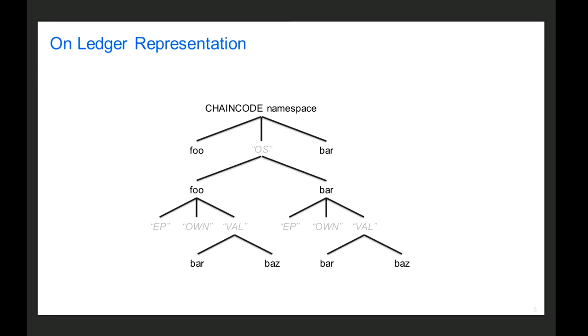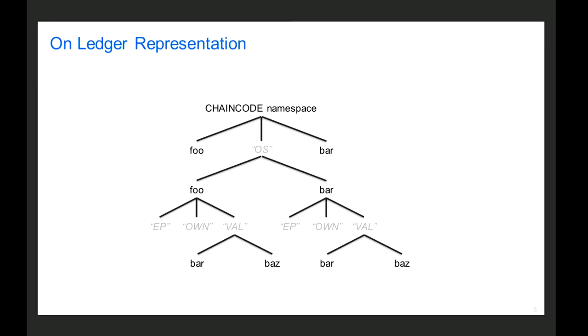So the only real restriction in the original chain code namespace would be that every composite key prefixed with the string OS would be reserved for ownable state, and it would be okay because you couldn't have any accidental modifications. Ownable state is self-endorsing, so it defines its own endorsement policy. So the chain code couldn't really affect that or mess with that.